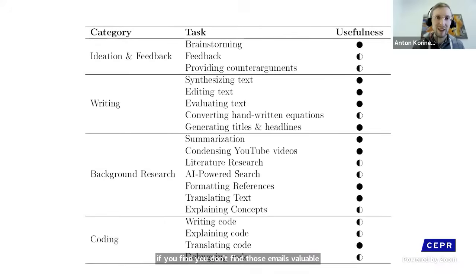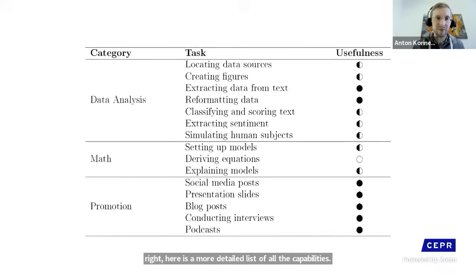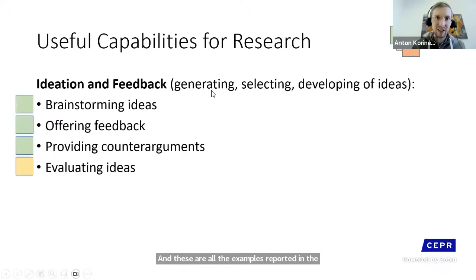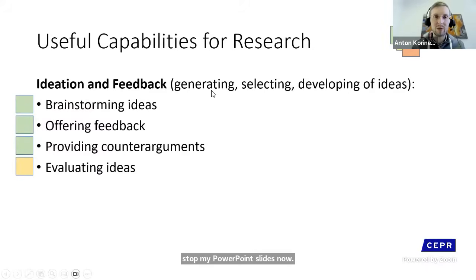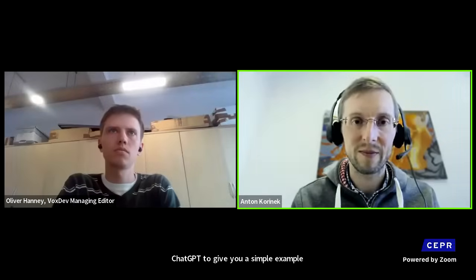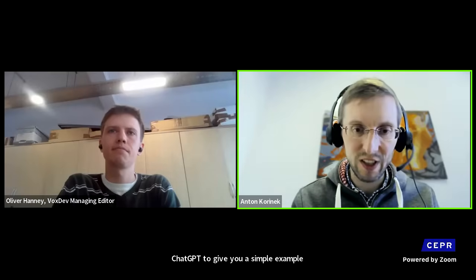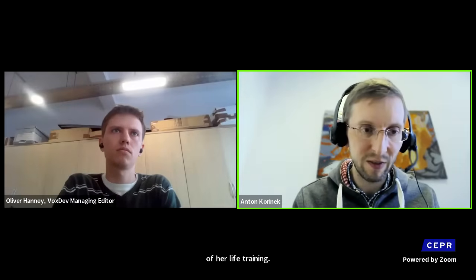All right, here is a more detailed list of all the capabilities, and these are all the examples reported in the paper. But let me actually stop my PowerPoint slides now and move over to ChatGPT to give you a simple example of a live training. So I am switching to my ChatGPT window.